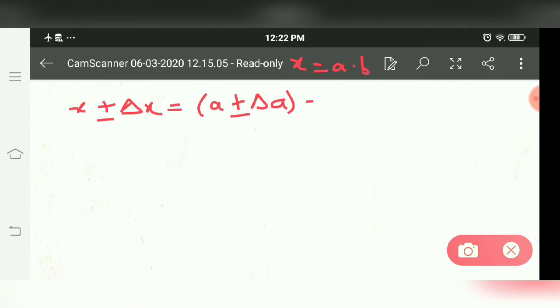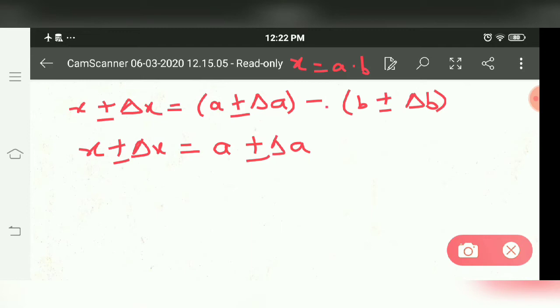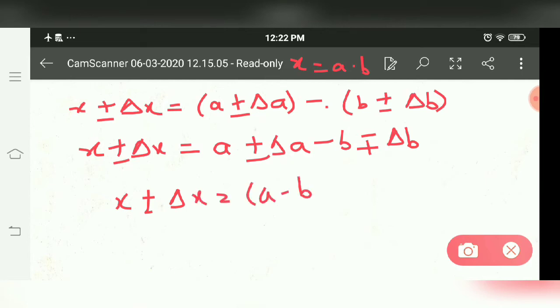So we write here minus b plus minus delta b. This is x plus minus delta x, a plus minus delta a, minus b plus minus delta b, so the sign will change: plus minus minus is minus plus. So this is x plus minus delta x equals a minus b, plus minus delta a, minus plus delta b.